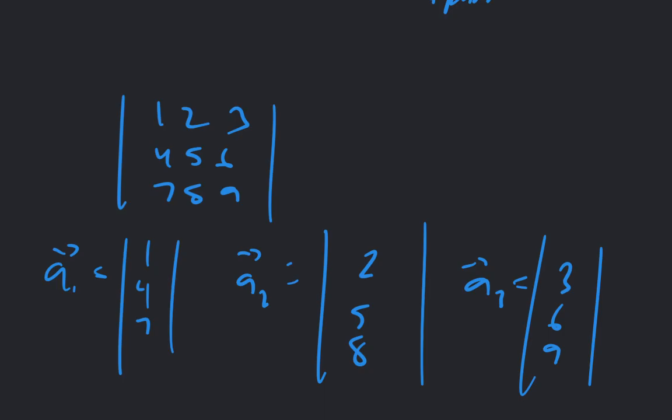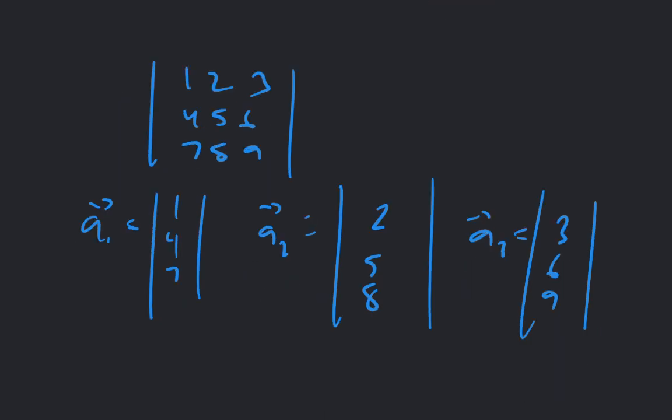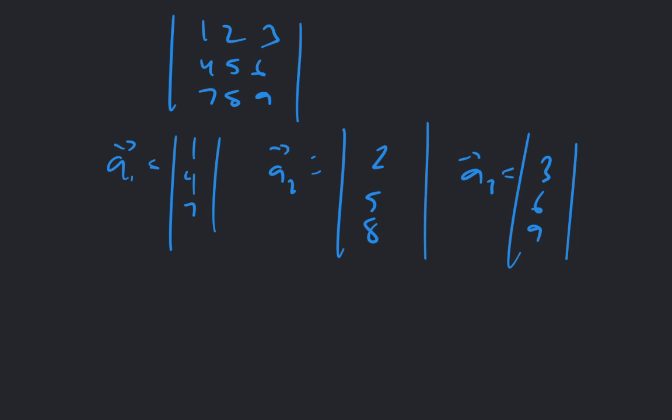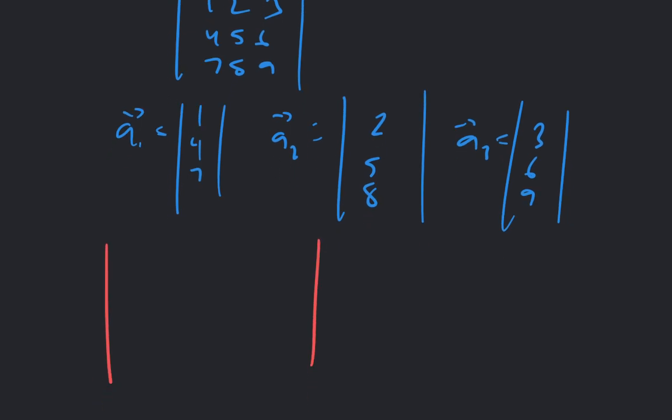We want to find if they're linearly independent. So just basically put them in a matrix and then you row reduce.